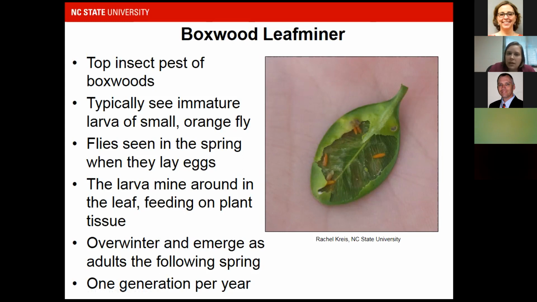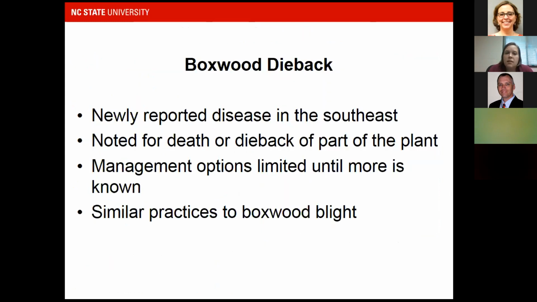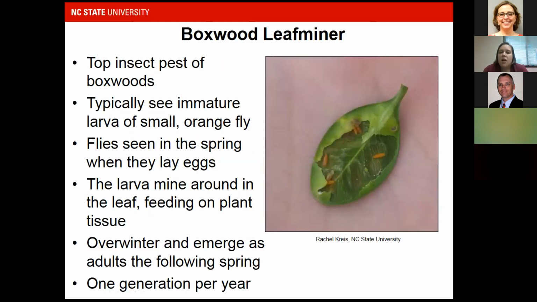These are hard to control because by the time you notice them flying around, they might have already laid their eggs, and once the larvae hatch, there's not too much to do. There might be a few systemic insecticides that people could use if you're interested in that, though I'm not going to speak to it. But yeah, you can break open the leaves and you'll see the larvae squirming around in there.